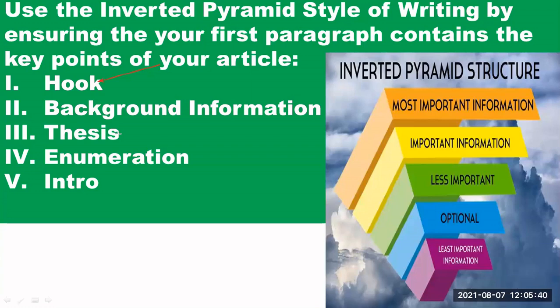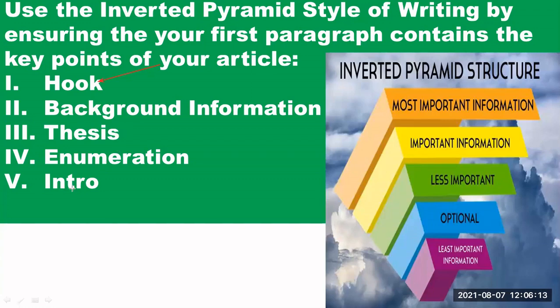Then the intro is simply how you usher the reader or the audience from the first paragraph to your next paragraph. You just use that to announce to them that you are done with the first paragraph, and that they should look forward to your discussion of these points one by one in the subsequent paragraphs, something like that.